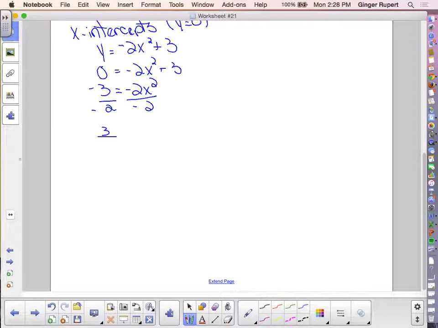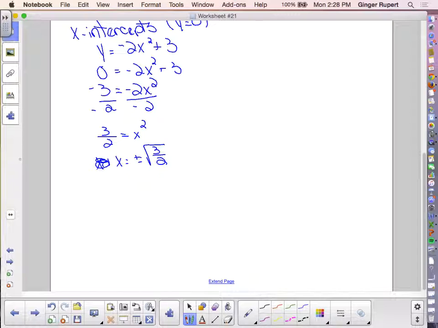So I have 3/2 is equal to x squared. So x is equal to plus or minus the square root of 3/2. And you can get an approximate decimal representation for that at this point.